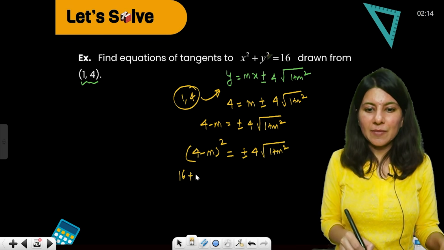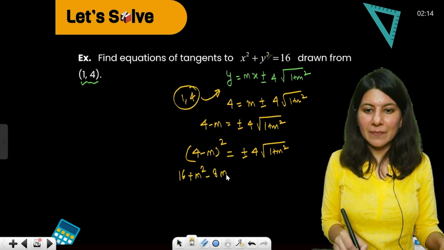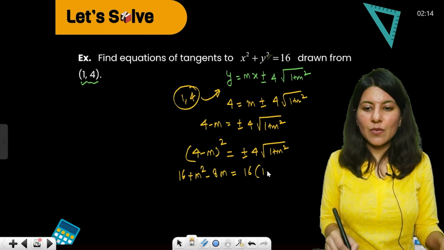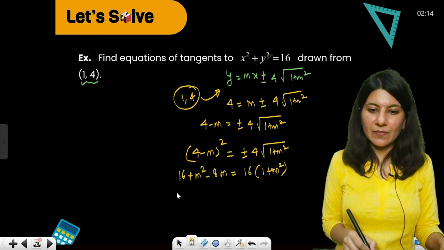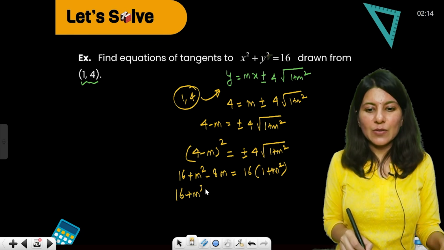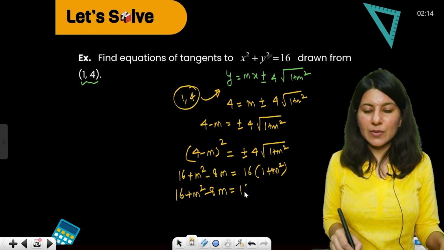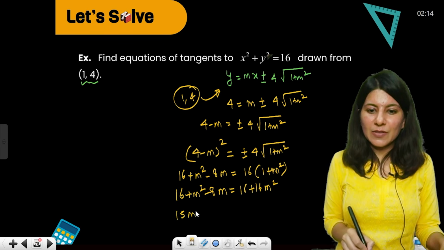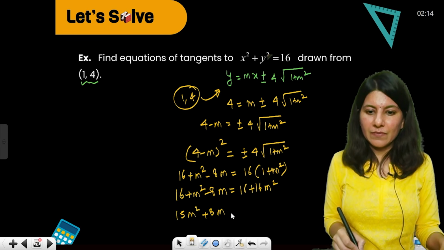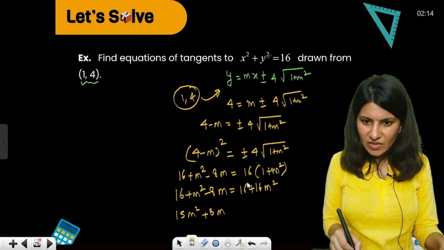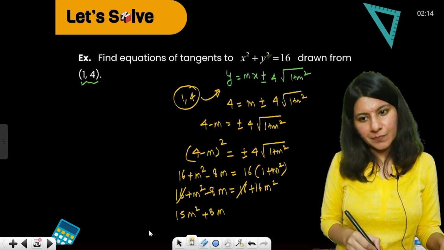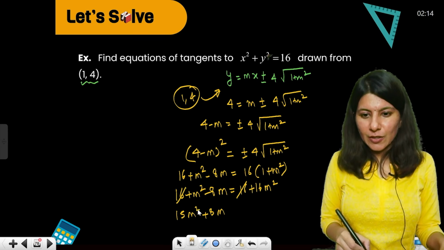(4 minus m) whole squared equals 16 times (1 plus m squared). So, 16 plus m squared minus 8m equals 16 plus 16m squared. 16 is gone, so 15m squared plus 8m equals 0.